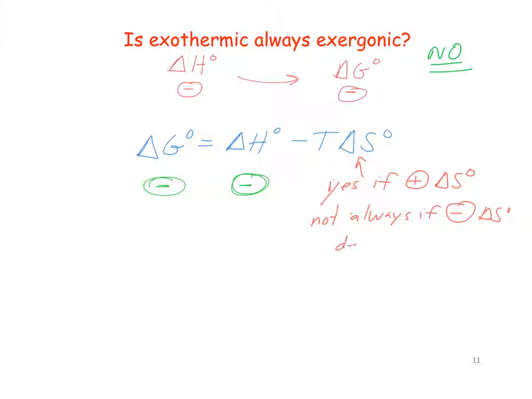So we can just say that it depends on the size of delta S and T. The reaction is only not going to be exergonic if that T delta S term gets too big, as the temperature goes up. So this is just a little blast from the past, from Chemistry 1220. That's basically what we want to know about thermodynamics for right now.